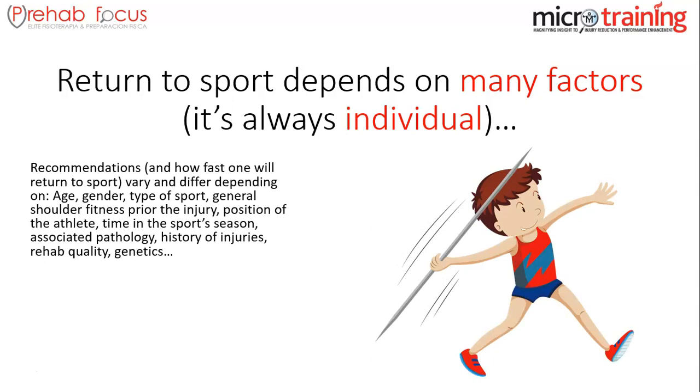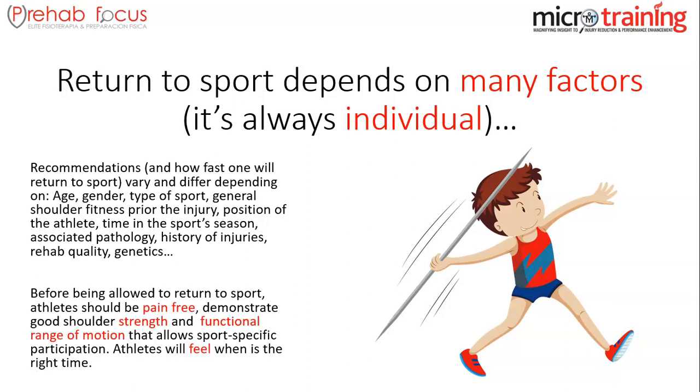Recommendations and how fast one will return to sport vary and differ depending on age, gender, type of sport, general shoulder fitness prior to injury, position of the athlete, time in the sport season, associated pathology, history of injuries, rehab quality, genetics, etc. Before being allowed to return to sport, athletes should be pain-free, demonstrate good shoulder strength, and functional range of motion that allows sport-specific participation. Athletes will feel when is the right time.